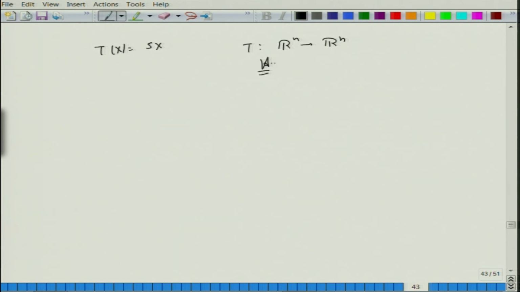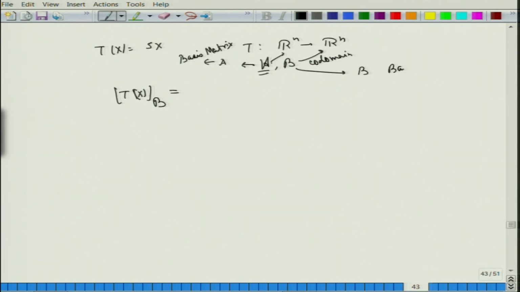We had A as well as the basis B, where A is for the domain and B for the codomain, I think, and we wanted to write T of x in the basis of this. What you have to do was, you have A as the basis matrix here, and you have B as the basis matrix.